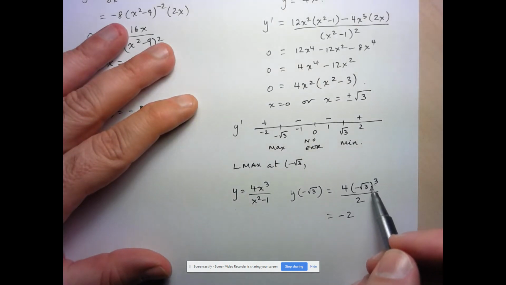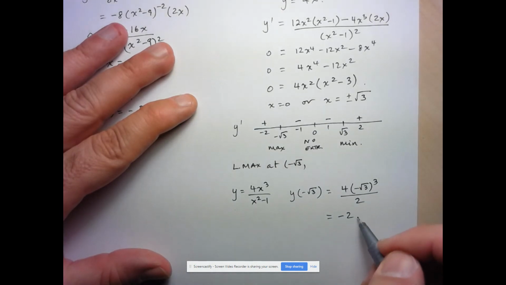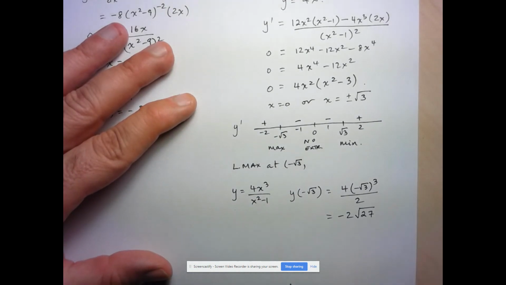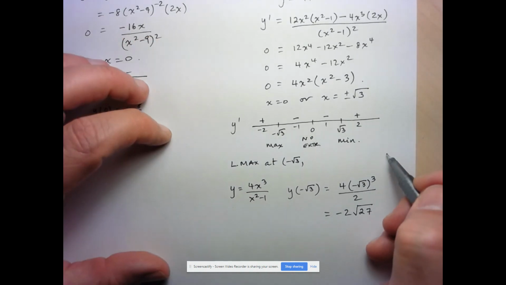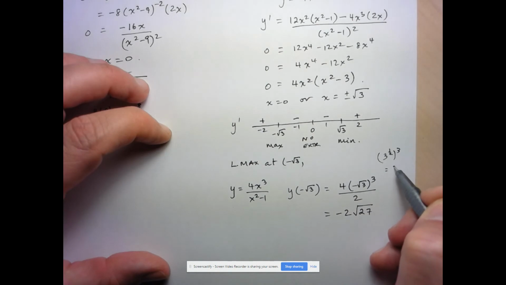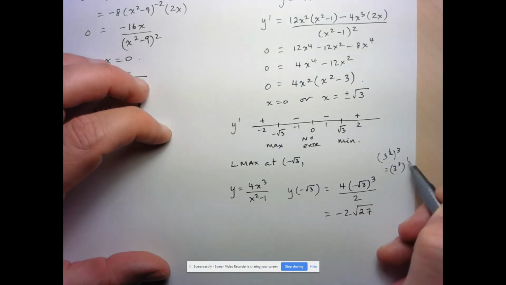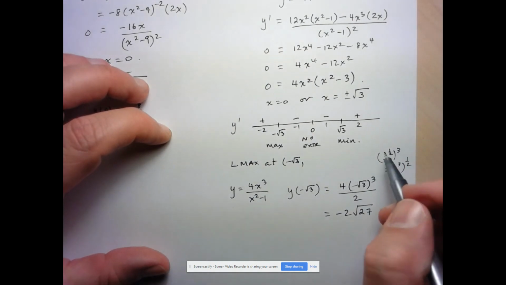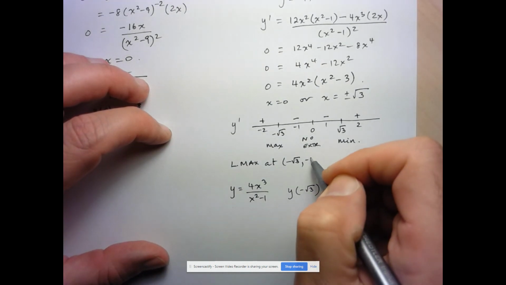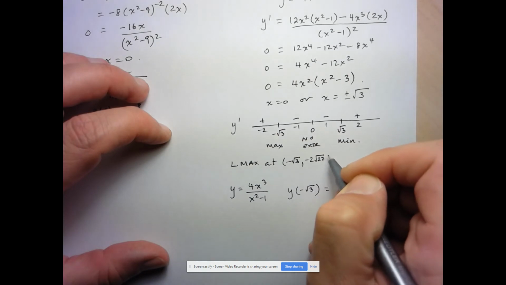I can bring the cube inside the square root. So this is just going to be 2 times the square root of 27, because remember 3 to the 1/2 cubed is the same as 3 cubed to the 1/2. Just using my exponent rules. All right, so here we've got negative 2 root 27.